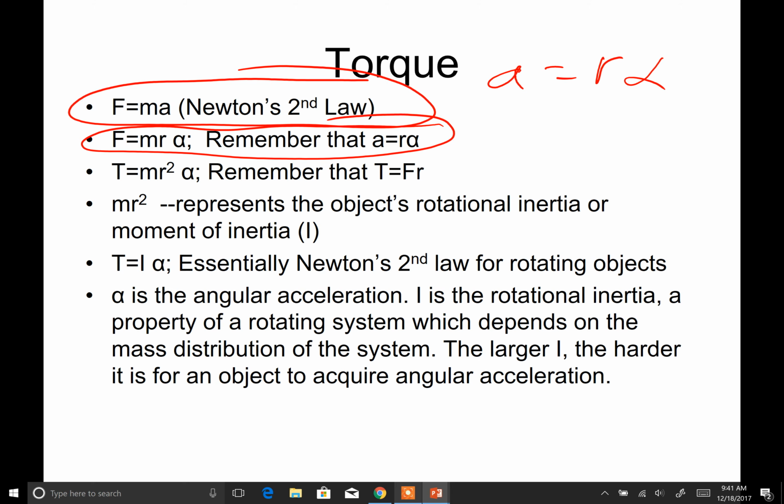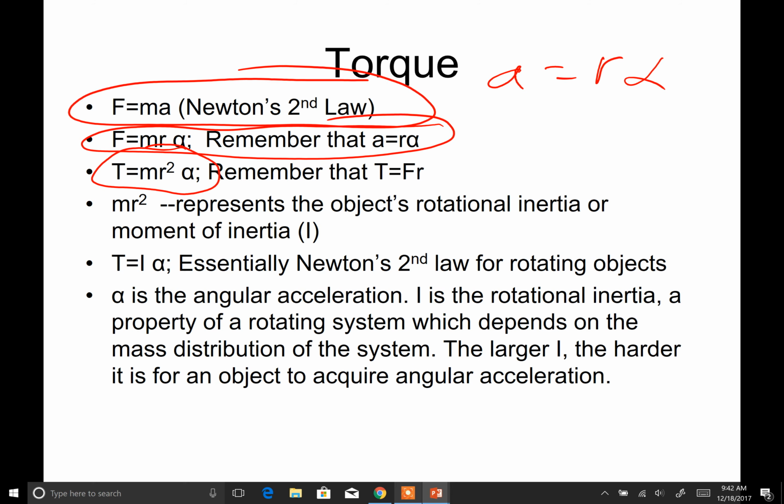So here we substituted torque for force. Since torque is equal to Fr, we had to multiply the right side of this equation by another r. So that gave us torque equals mr squared times angular acceleration.